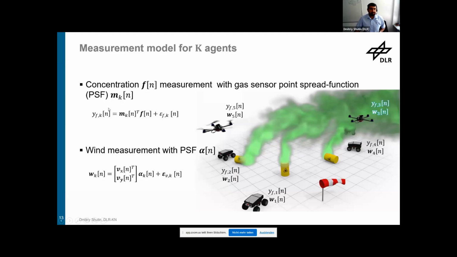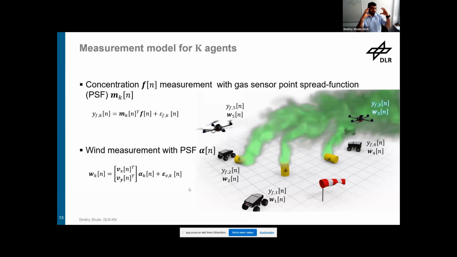So we have a model that tells us how we are measuring our concentration, and similarly, we also have a model that tells us how accurately and where we measure our wind field. So this is the measurement system that we're using. As you can see, we have a classical state space representation, right?